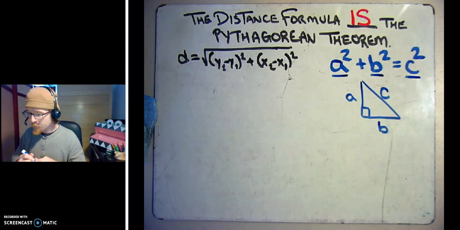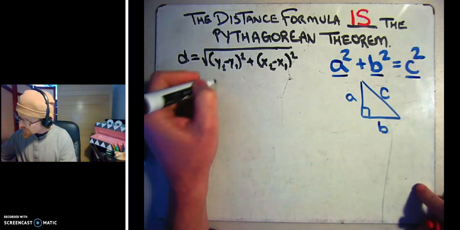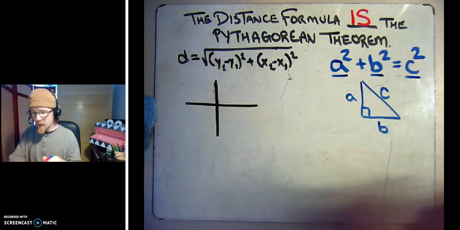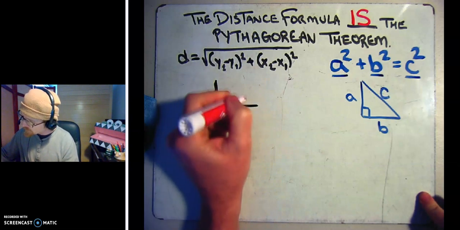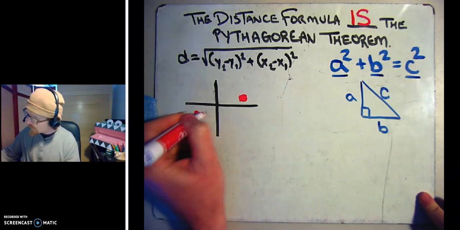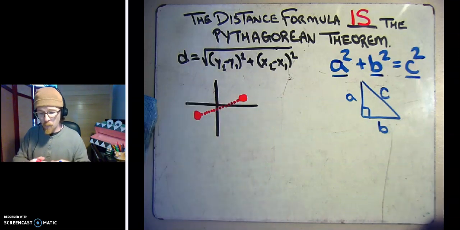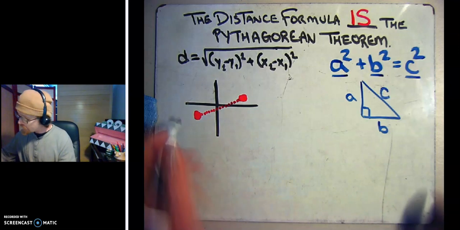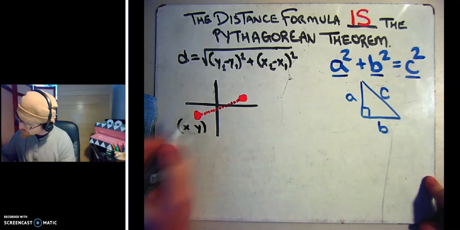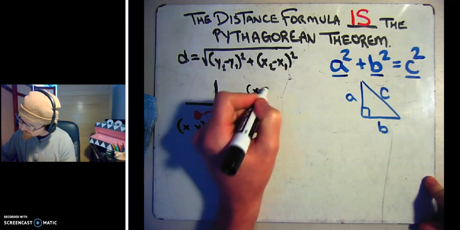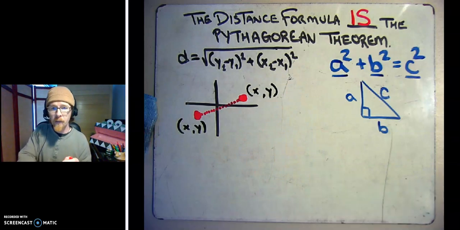Now, getting back to the distance formula. Again, it measures any two points on a coordinate plane. So let's say there's a point here and a point here, and I want to know how far away these points are using a straight line. Remember, coordinates come in ordered pairs, and because the ordered pairs represent the letters x and y, we want to be able to tell these two x's and y's apart.